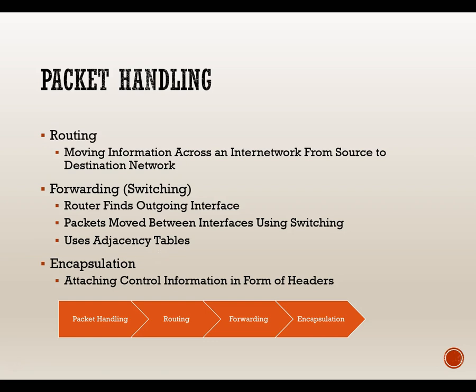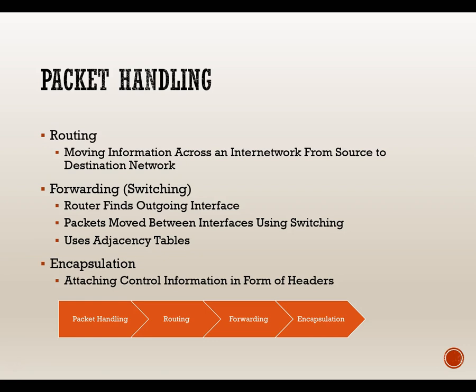Packet handling. Routing is moving information across an internetwork from source to destination network. Forwarding is switching, and these are kind of like, okay, so which is which? What we want to be able to do is to use switching, because we switch in hardware, we route in software, and anything that we can do in hardware is typically going to be faster than anything we do in software.